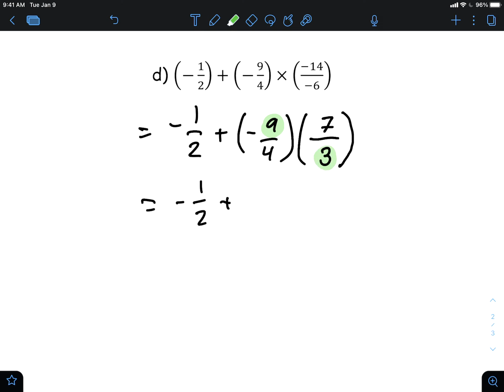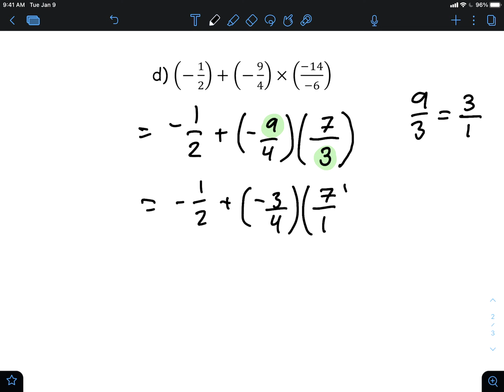The 9 and the 3, 9 over 3 is just equal to 3 over 1. So we can then rewrite it, if you'd like, as negative 3 over 4 times 7 over 1. And then that makes it a little bit easier to work with.